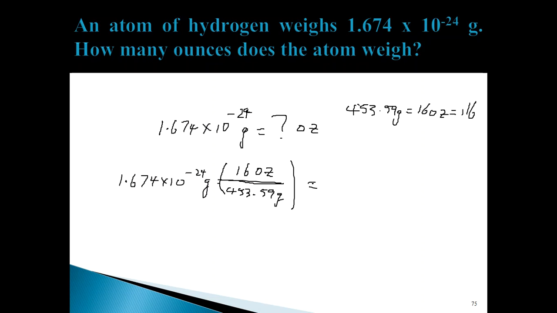So when I take 1.674 times 10 to the minus 24, divide that by 453.59, okay, the answer that I got will be equal to 3. Now in this case I would round it off to 2 significant figures, 3.7 times 10 to the minus 27 ounces.